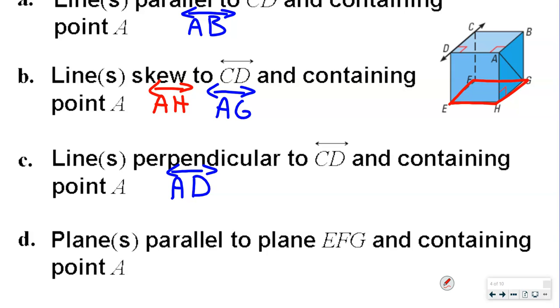We need a plane that is parallel to that and containing point A. So the only one that would be parallel would be the one on top, meaning they don't intersect. Parallel planes. So our plane would be ABC.